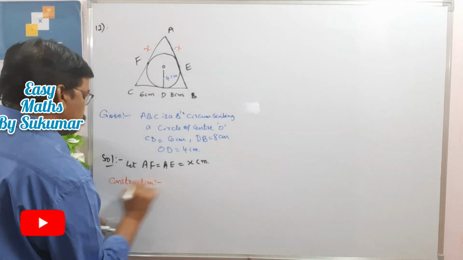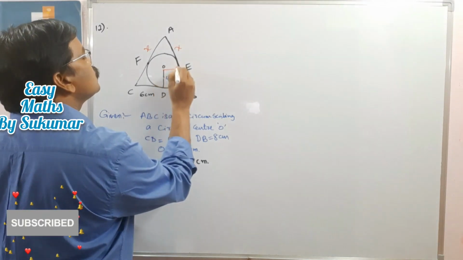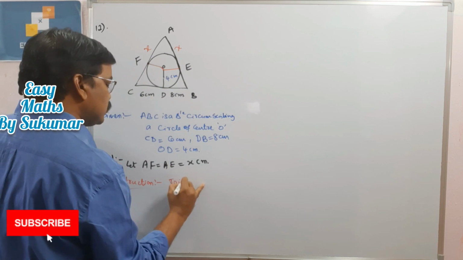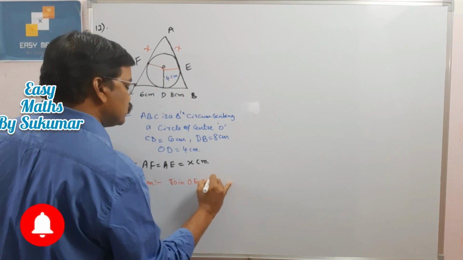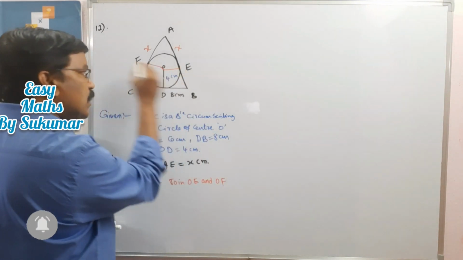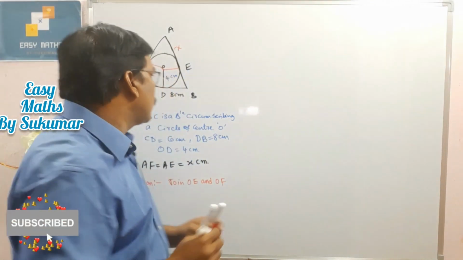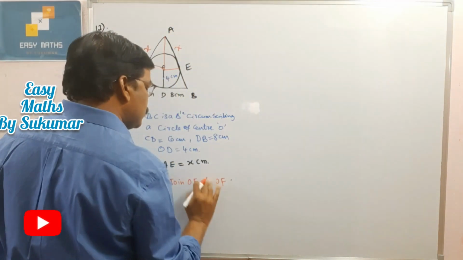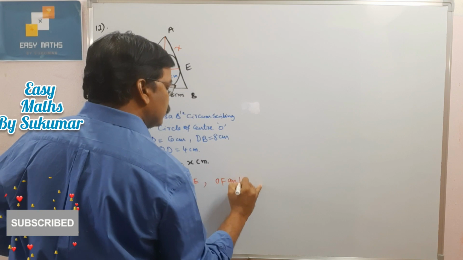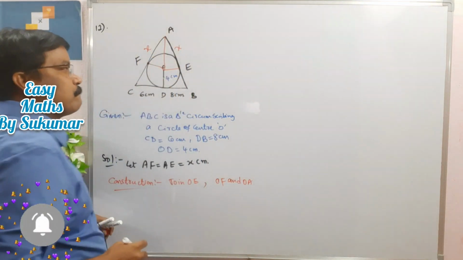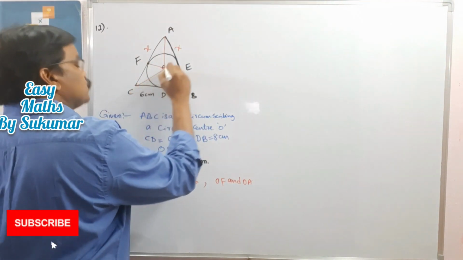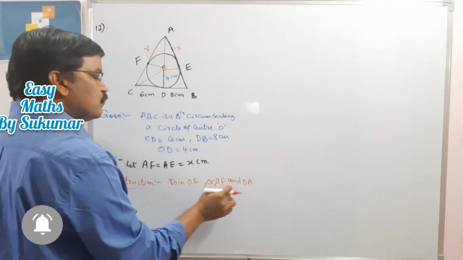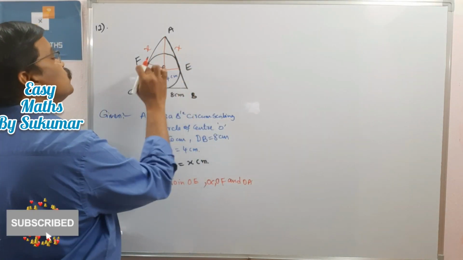Join OE and OF, and also join OA. Here OC also: OC, OE, OF and OA. 1, 2, 3, 4, 5.